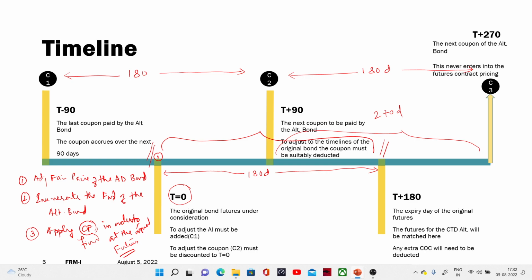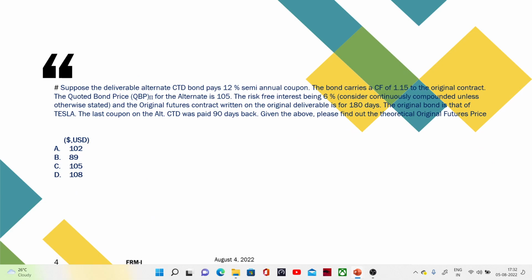So let's concentrate on step number 1, that we have to find out the fair price of this particular bond at time t equal to 0, right? At time t equal to 0, this particular bond has already accrued 90 days worth of the semi-annual coupon. Am I right? Because it's a 12% semi-annual bond, so that means 6% every 180 days, 3% every 90 days.